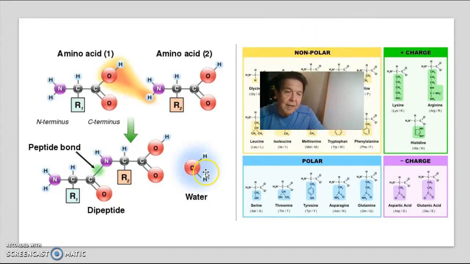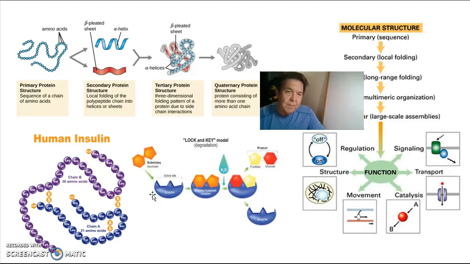The joining of one amino acid with another amino acid by a peptide bond produces a dipeptide. If we have more than 100 amino acids, we have a protein.